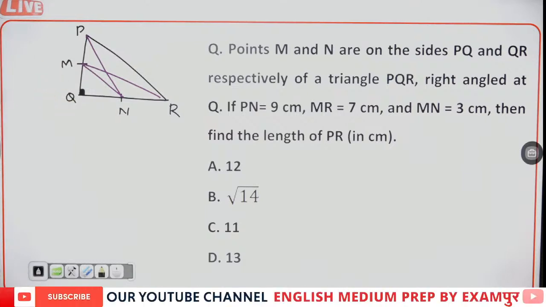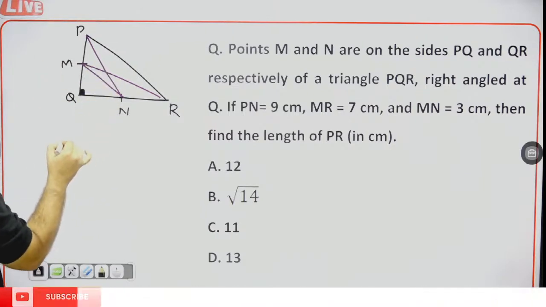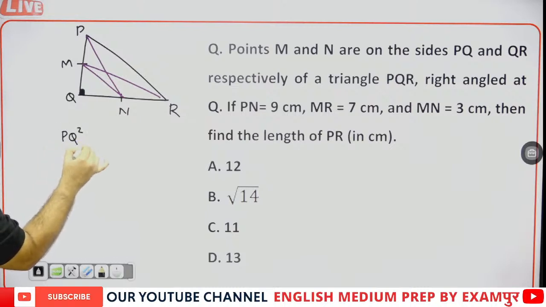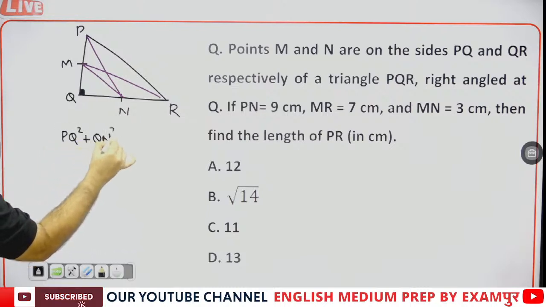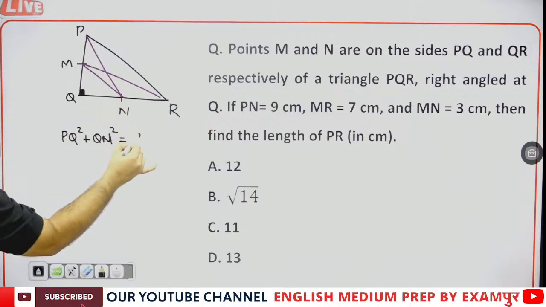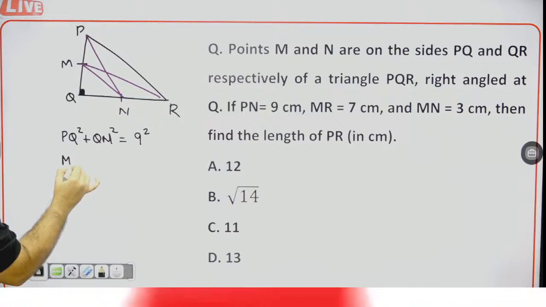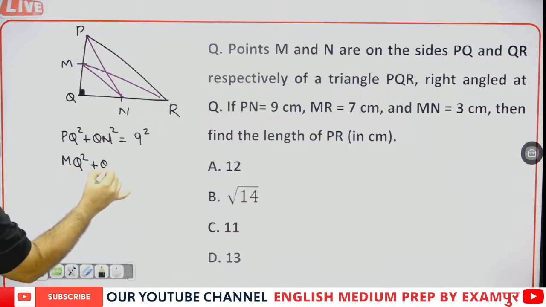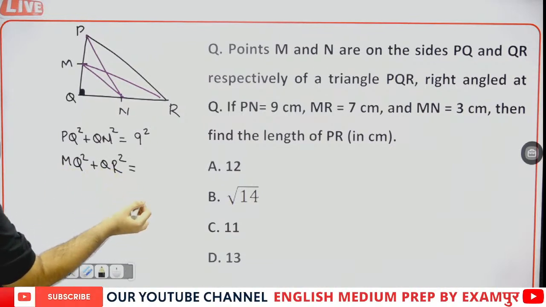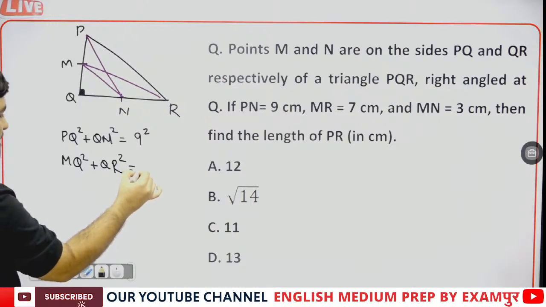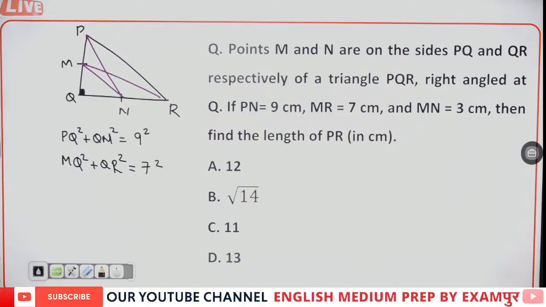So this is 9. PQ square plus QN square is basically PN square, which is 9 square. MR is this. Apply the Pythagoras again: MQ square plus QR square is equal to MR square, which is 7 square. Just add both.